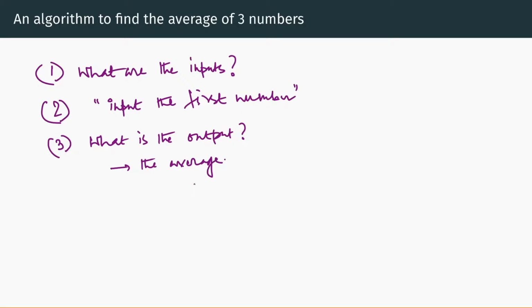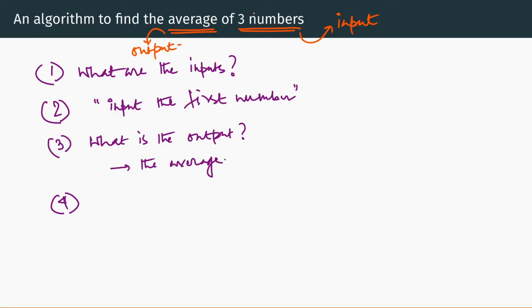The inputs are the numbers, the output is the average. The fourth question, and that's the one that you have to solve, is how do you go from the input, which is these three numbers, to the output, which is the average of these three numbers. So this is the input and this is the output.